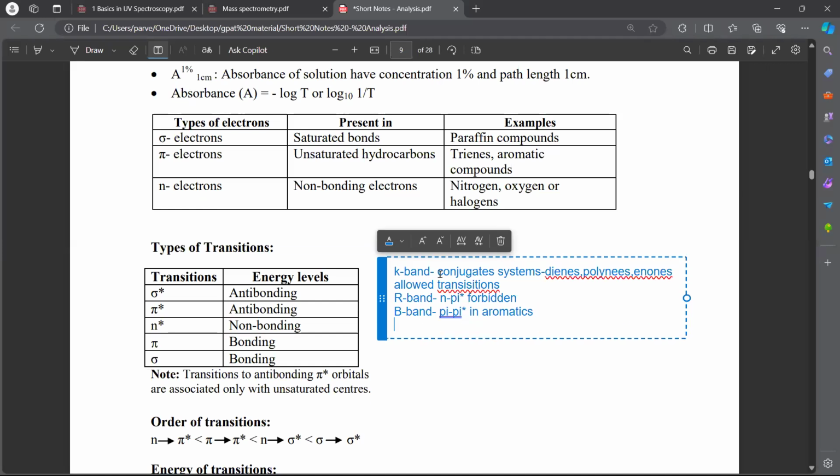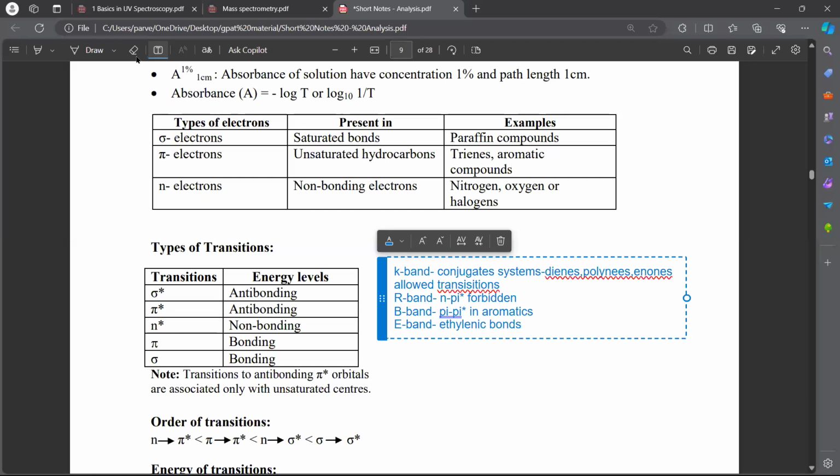Next one is the E band. The E band is mainly due to ethylenic bonds; the transition occurs due to the ethylenic bond.